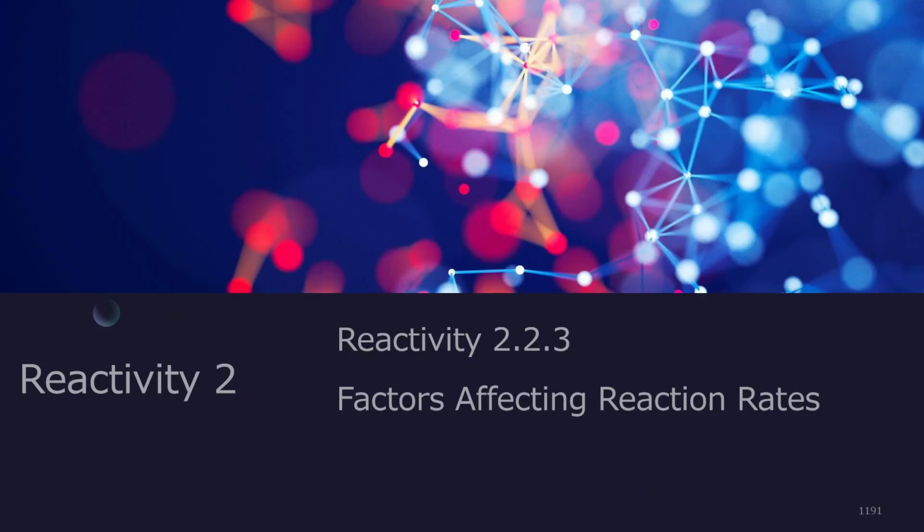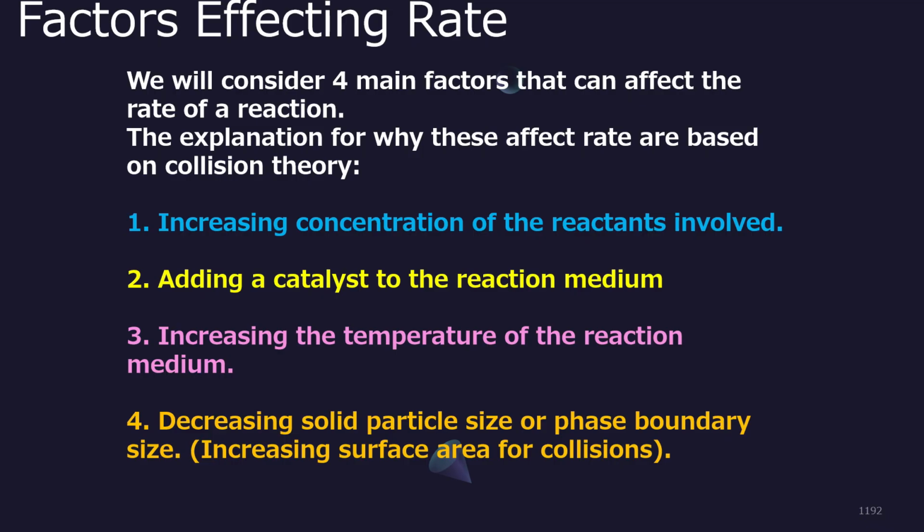So I will talk about 2.2.3 as well today. This is factors affecting reaction rates. So we'll just apply everything we just learned and say, how do we control that in the laboratory or in any specific situation? So we'll consider 4 main factors that can affect the rate of reaction, and our explanation for why these affect rate, which you also need to be able to explain, they're based on the collision theory that we just looked at.